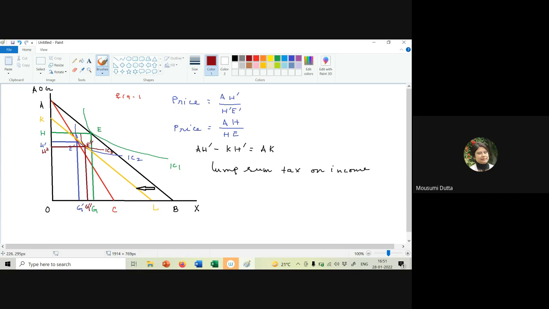So the budget line is KL. The KL budget line is flatter than the budget line AC.